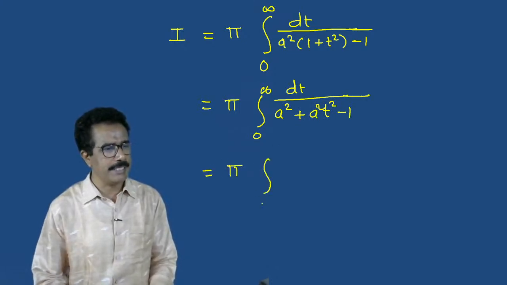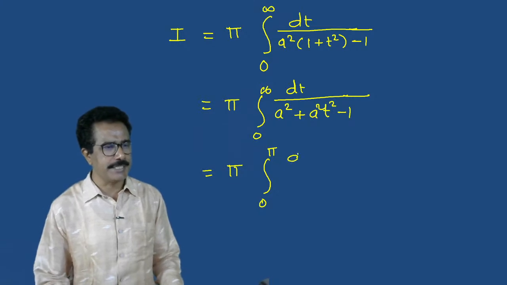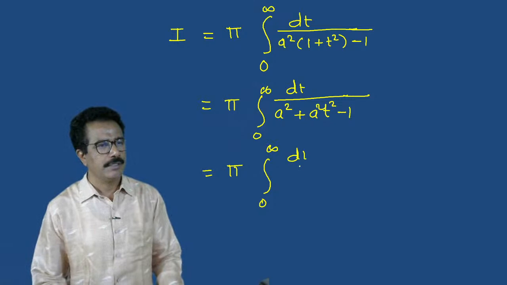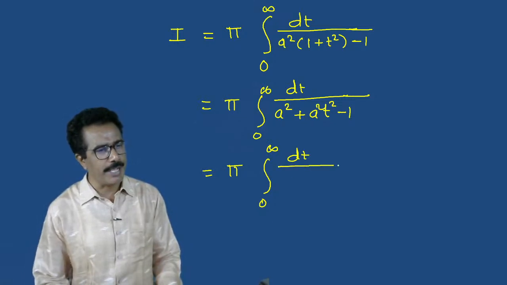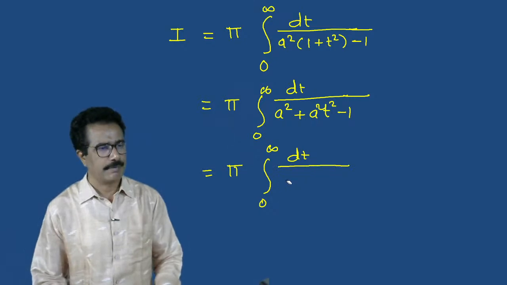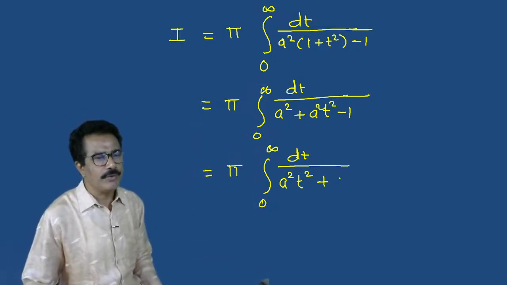So pi integral from 0 to infinity, dt divided by a square t square plus a square minus 1.